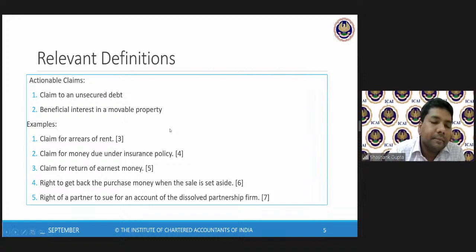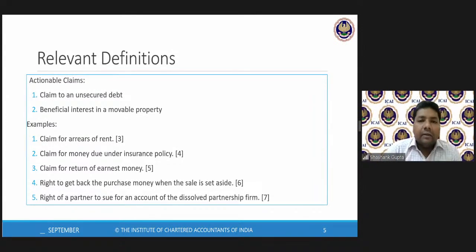Actionable claims have been specifically defined under GST, but the definition is heavily worded, maybe a bit difficult to learn and recall. So while you can any day go back and refer to the definition from your study material, I think we can also understand it simply.